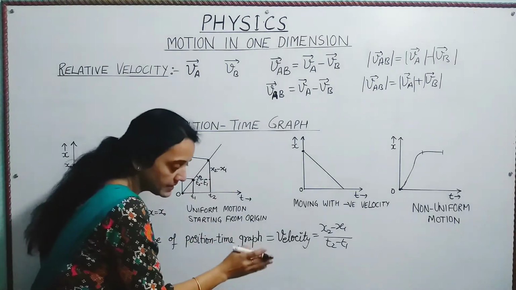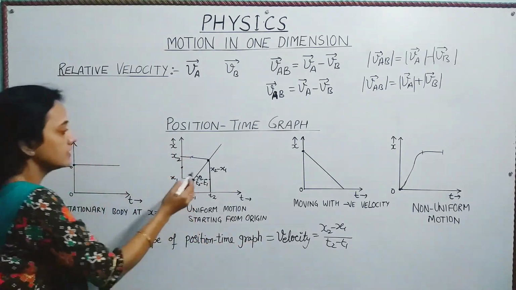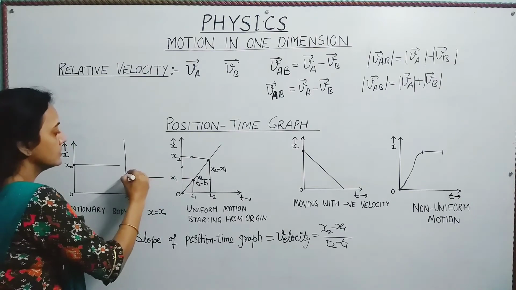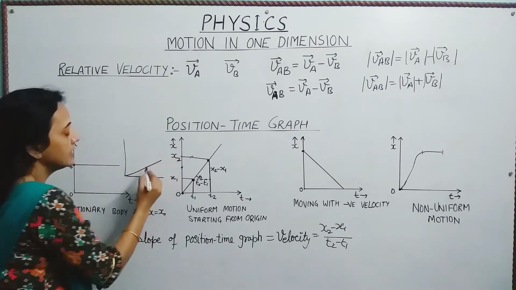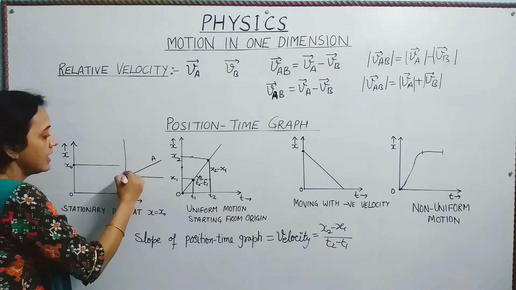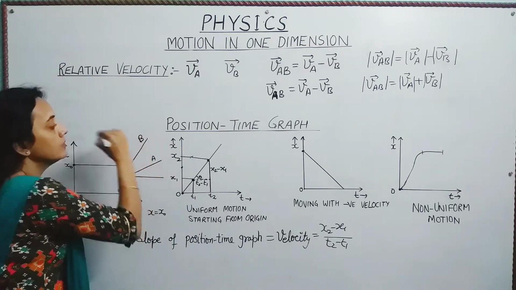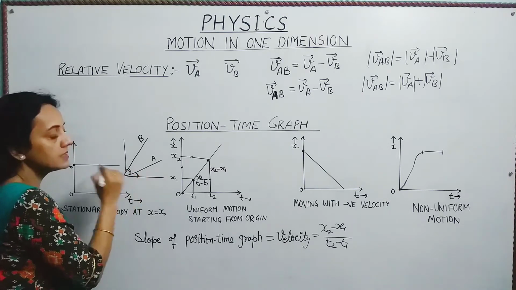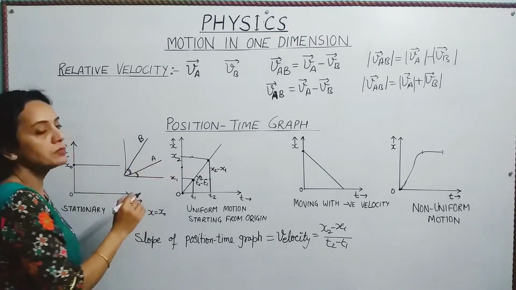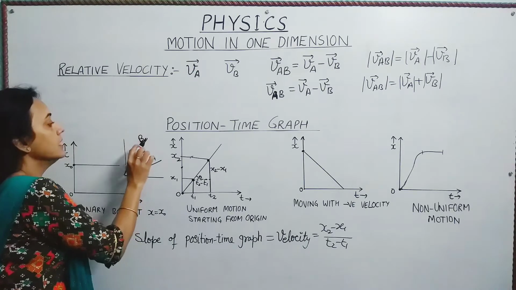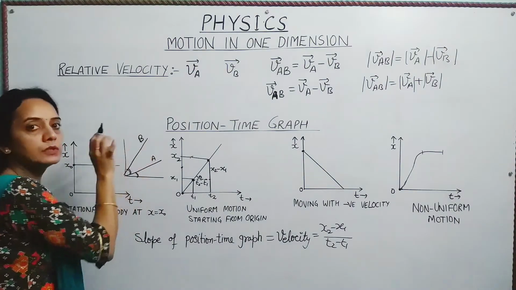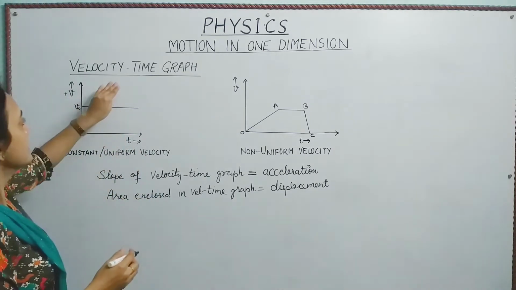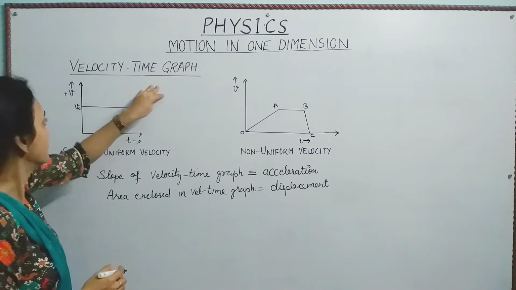If the slope is less, then we can say, like if a slope is shown like this, that of body A, and another body is moving like this, just looking at the slopes, we can simply say that body A is moving with lesser velocity compared to body B.